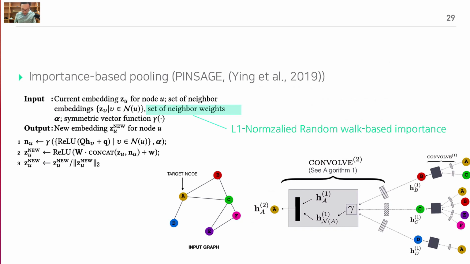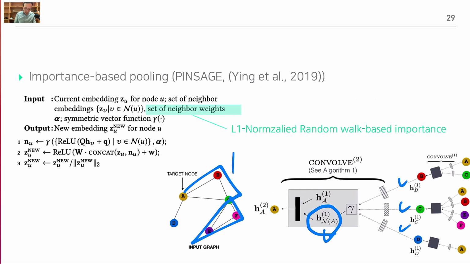So to decide the neighboring node representation, we give different weights to the sampled neighbors and decide the neighboring representation. How would you give the weight? To decide which neighborhood will be considered, we use random walk. We just randomly travel the neighborhood. We can count how many times each node is visited, right?